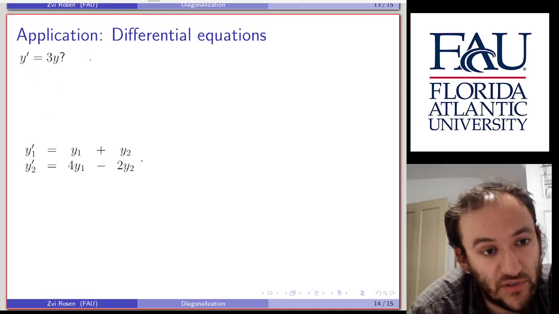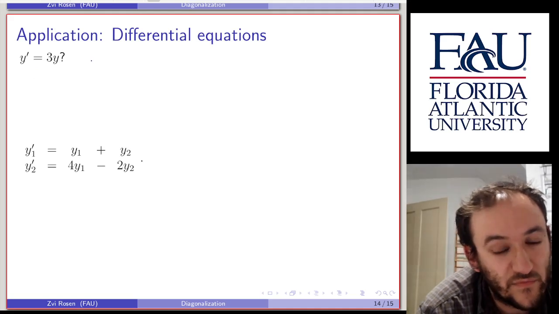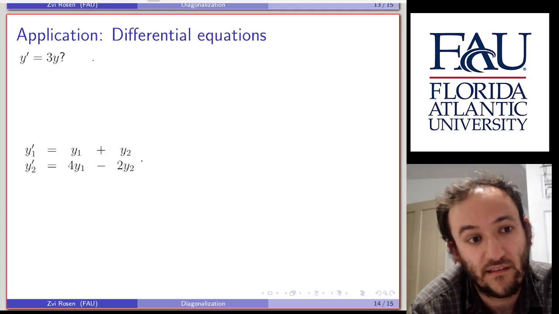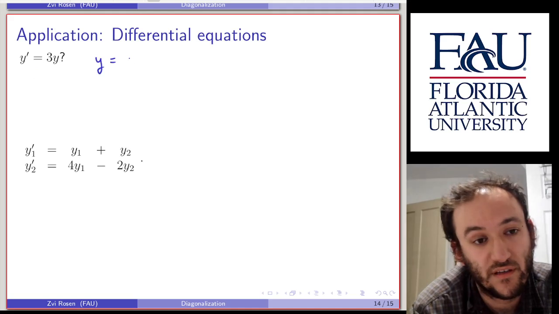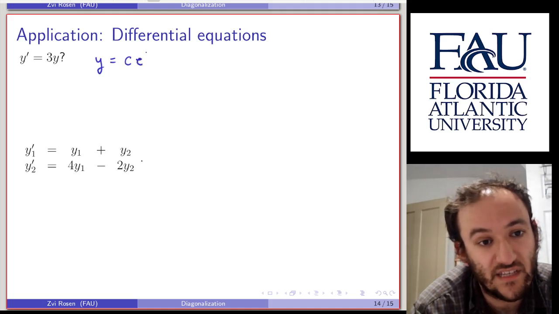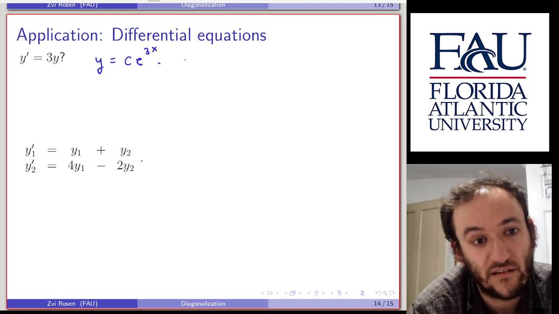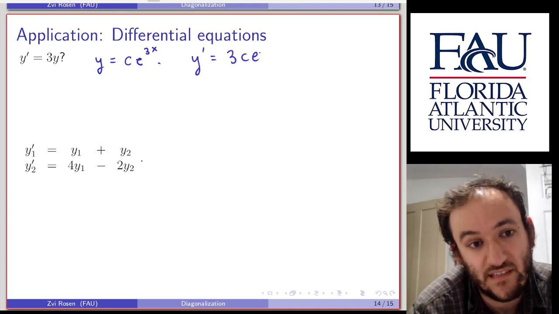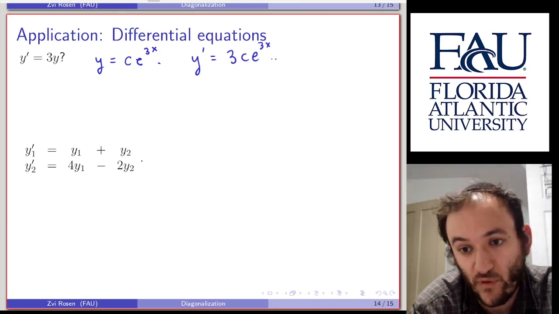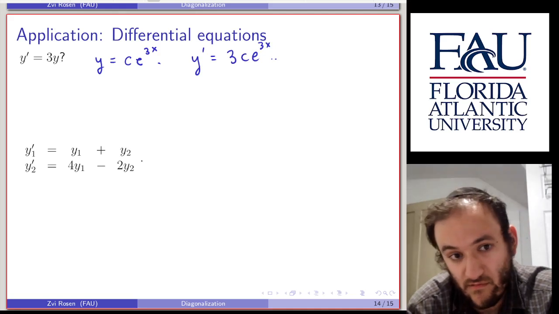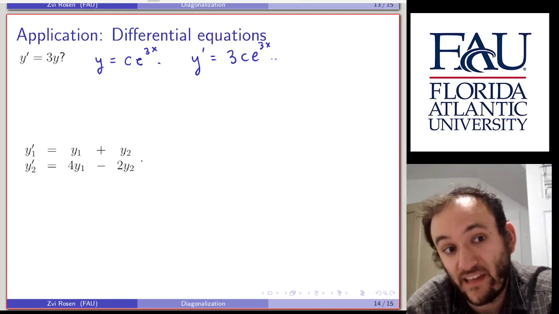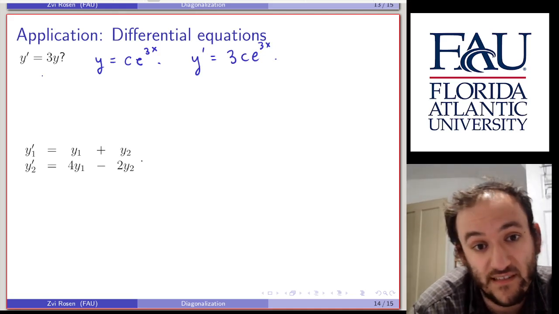And there's a very simple solution to this, which you'll recall from calculus: y will be equal to some constant times e to the 3x. Because when you take the derivative, you get y prime equals, by the chain rule, 3 times c e to the 3x. And this accounts for all solutions. Any solution to this differential equation will be of this type.